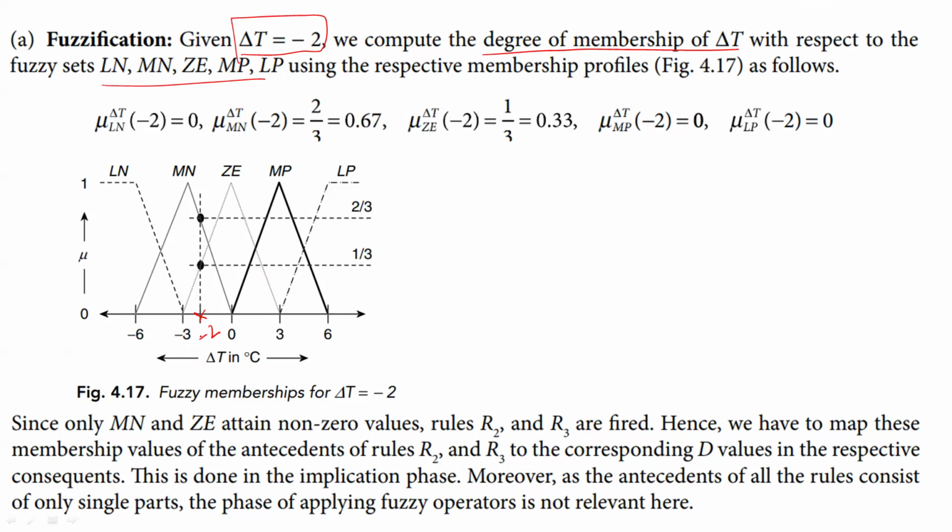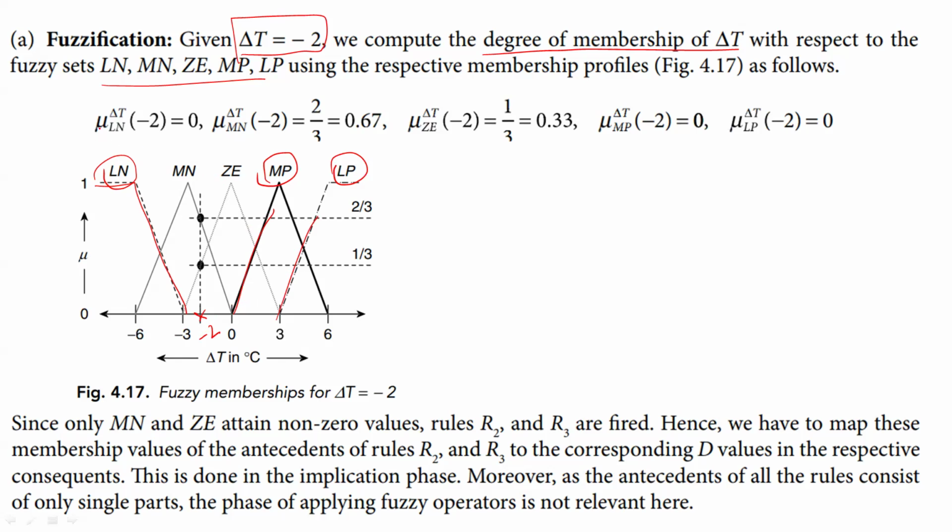Okay. When T is equal to -2, you can see the large negative graph does not have any intersection with the point -2. Similarly, medium positive as well as large positive are all beyond -2. So you do not have any membership in these fuzzy sets for the member -2.